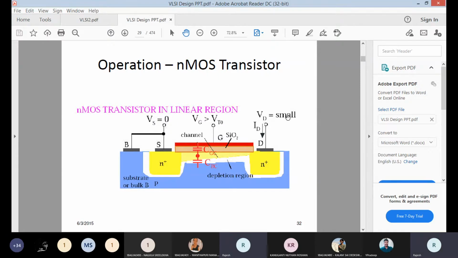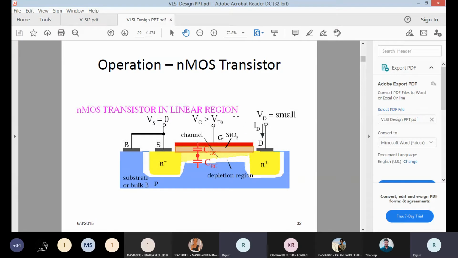But when I am applying positive VDS, the gate to channel voltage at the source end is more and at the drain end is less. That's why you can see in this yellow diagram that the yellow region is showing more electrons towards the source end. They are reducing as you move towards the drain end.